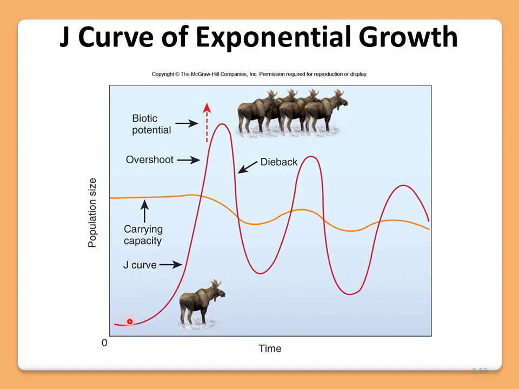The growth starts out slowly, and then eventually, as the numbers become more and more of that population, their growth shoots up very rapidly as more and more of those members start to reproduce. What tends to happen is after a while, the organisms pass what they call the carrying capacity, which is the amount of organisms that the environment can actually maintain and provide enough food and habitat for.